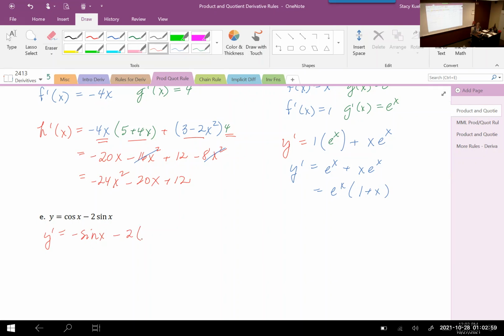It's just cosine, right? Yes. So negative sine x minus 2 cosine x. Right? Just kind of applying some of those properties that we were using above.